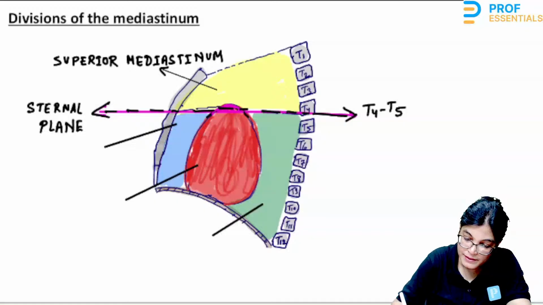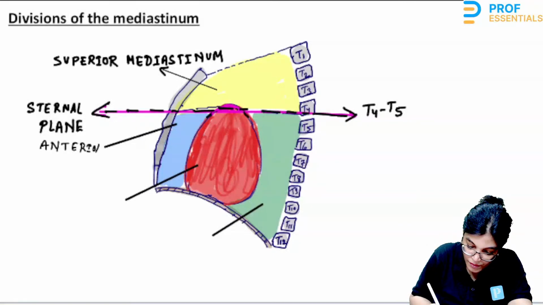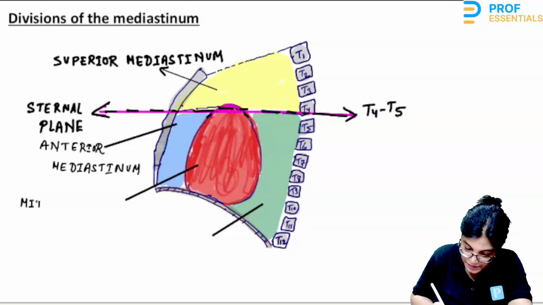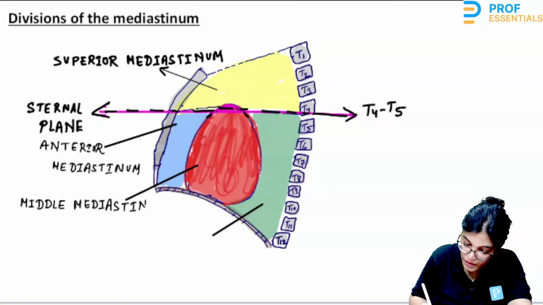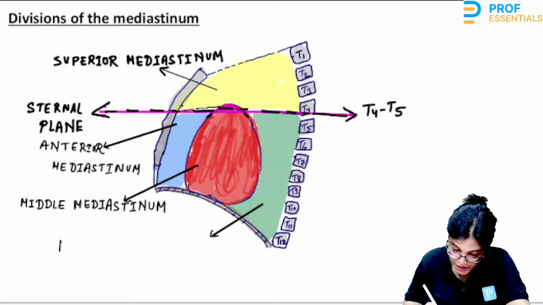So please label it. This is the anterior mediastinum. This is the middle mediastinum. This is the posterior mediastinum.